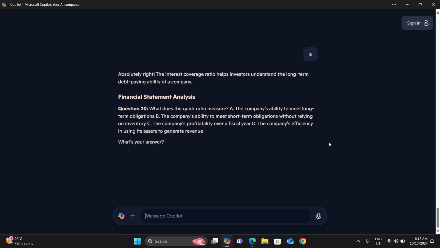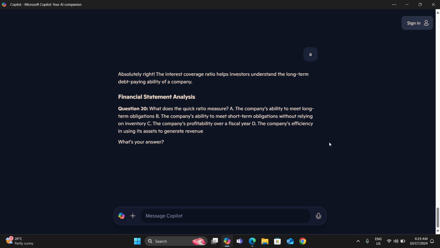So what does the quick ratio measure? A. The ability to meet long-term obligations. B. The company's ability to meet short-term obligations without relying on inventory. Yeah, that might be it. Because letter A is pertaining to current ratio also, so it's a little bit vague.